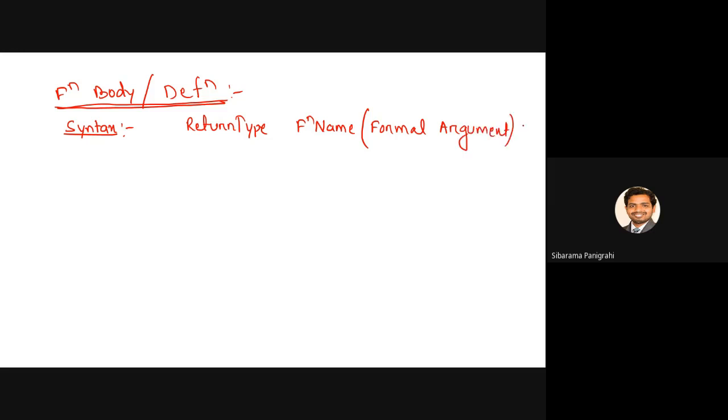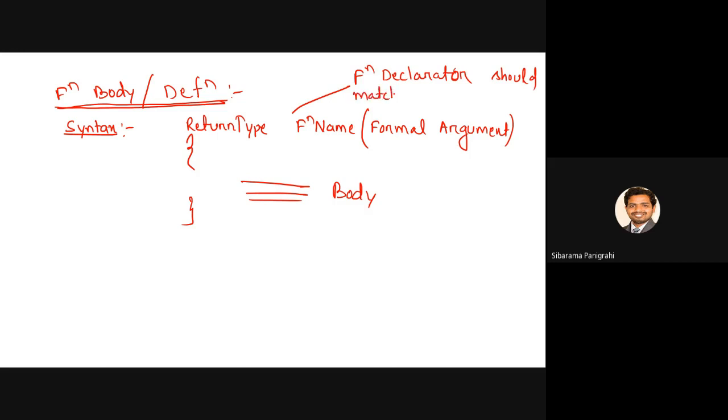Then after that you should not put a semicolon, you have to start a curly bracket. Here you write the body of the function, then you terminate. The first line of function body is called the function declarator, and the function declarator should match the function prototype.